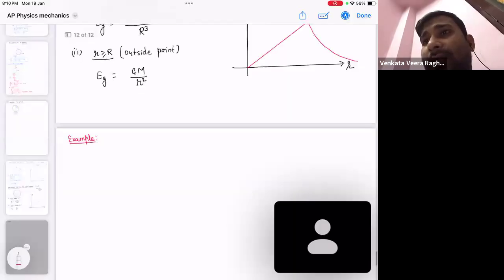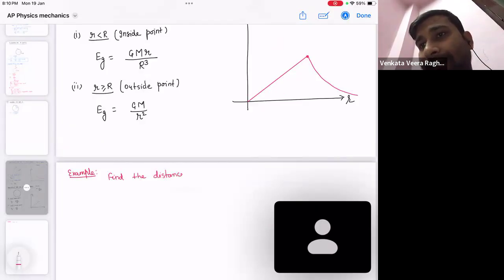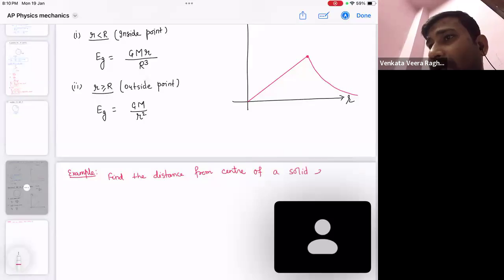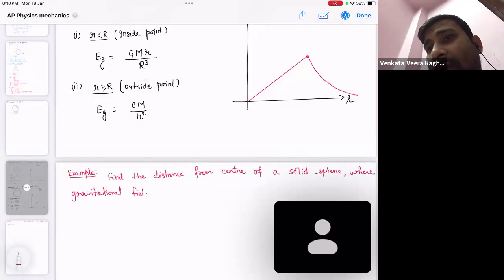Now they are asking in the question, find the distance from the center of a solid sphere where the gravitational field is half of the maximum value. Okay, half of the maximum value.